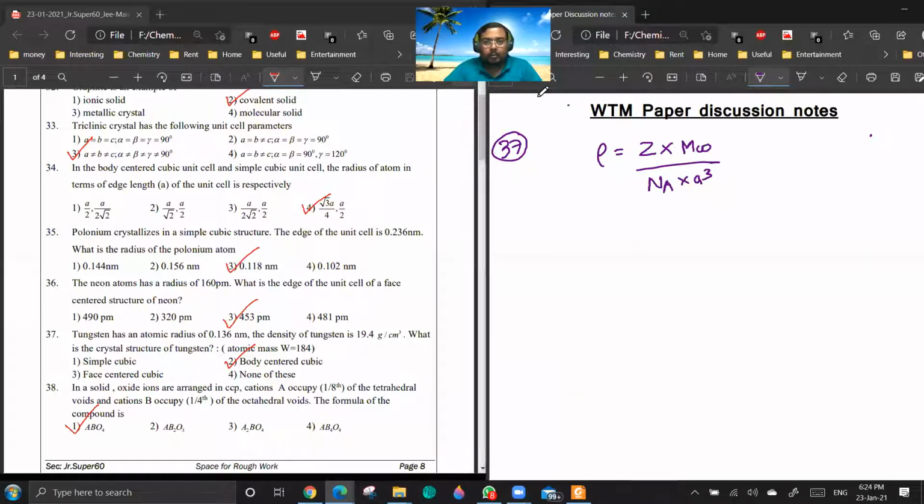Okay, just 1 minute. Now, this is a formula in which the units are important. This is in gram per cc. Then this should be in centimeter and this should be in grams, right?